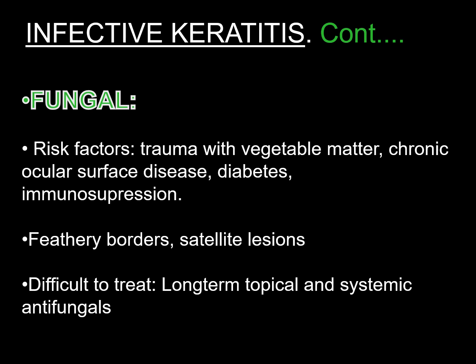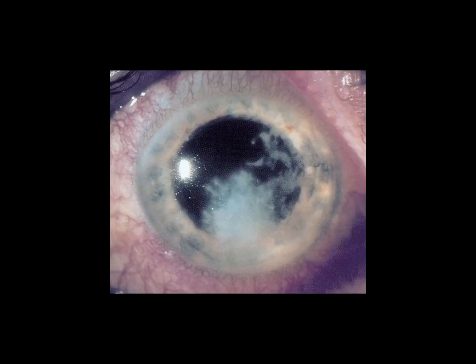There are other pathogens that almost always only get diagnosed with a biopsy, but we're not going to go into all those details. As I mentioned before, here's the primary lesion with these borders that are quite indistinct, we call them feathery borders. And when you look further away from the primary lesion, you see these satellite lesions of fungal keratitis.